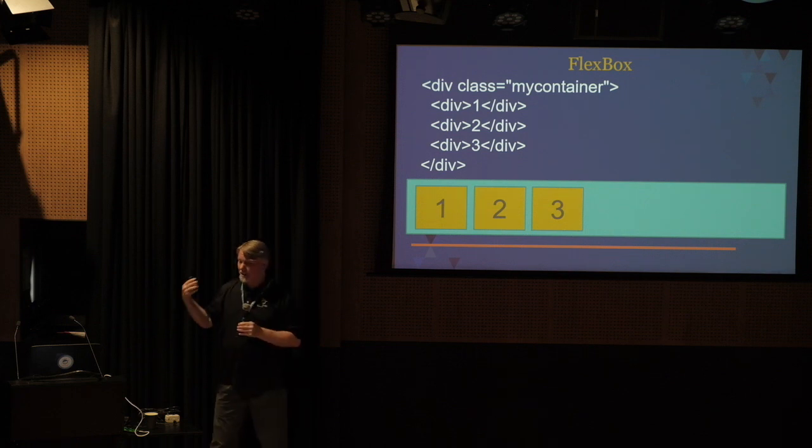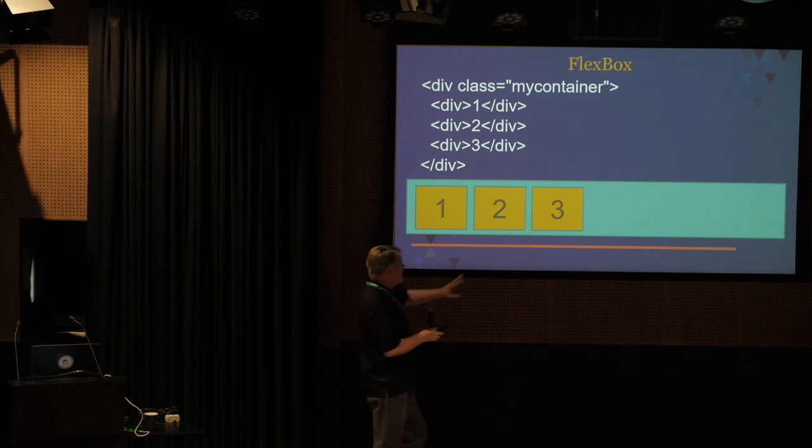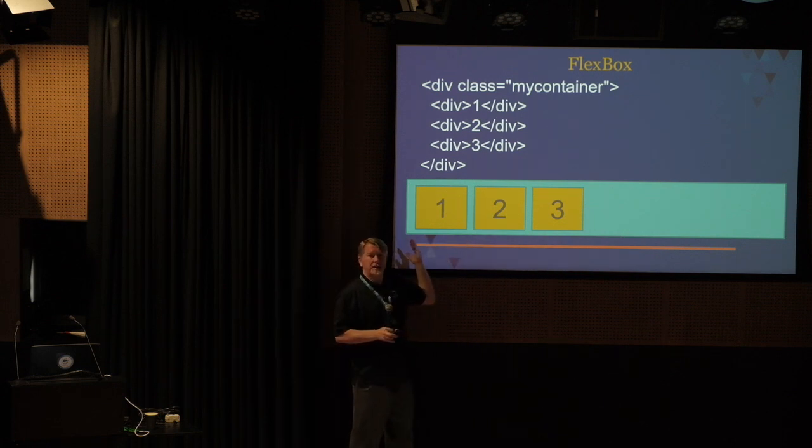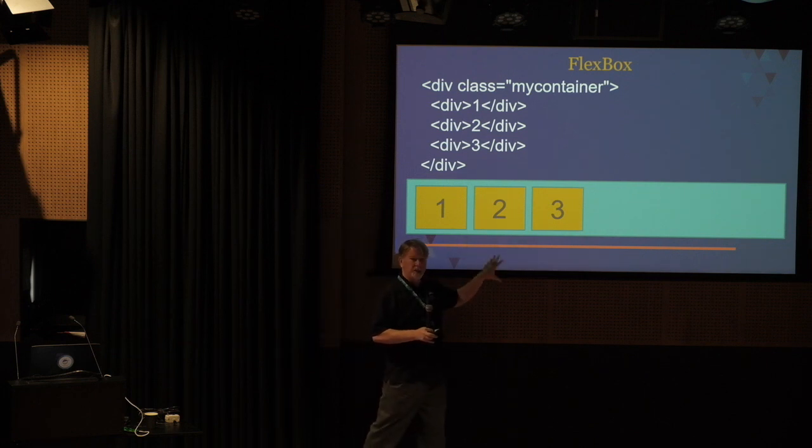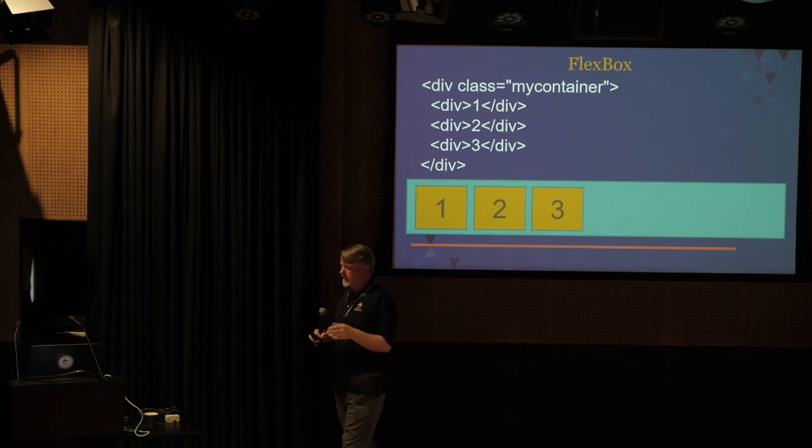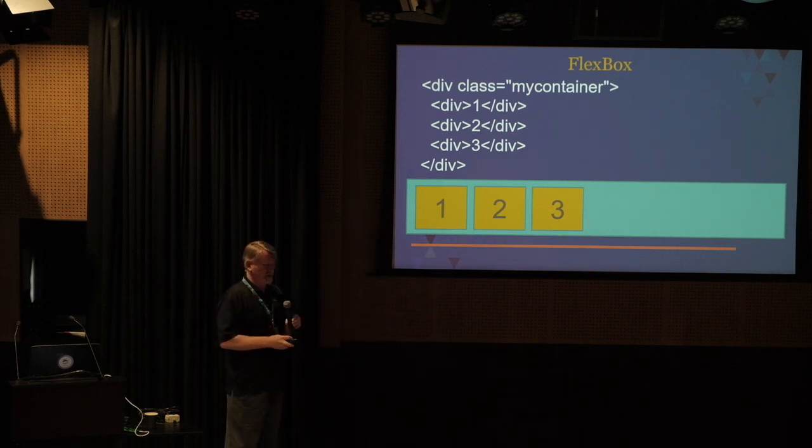Now, traditionally, the way that CSS and HTML have worked, everything is just going to stack up to the left, whether I like it or not. And if I want things spread out, that's where people got in trouble with the hidden tables and all that silliness.